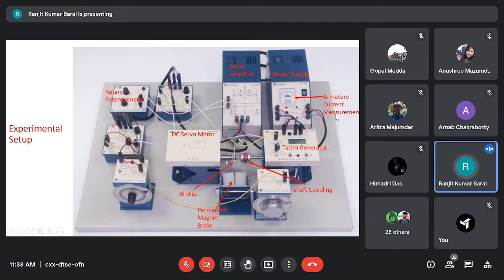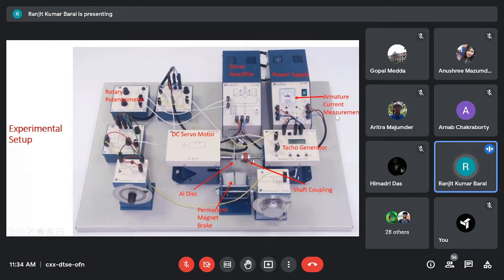By proper adjustment of the magnet, lowering or lifting, we can allow the disc to enter the air gap more. When it cuts the total flux, full load is applied, and when it is not cutting any flux, the motor will rotate at no load.